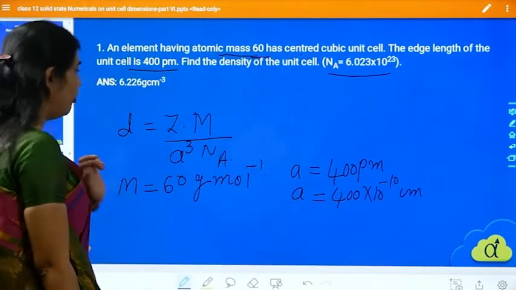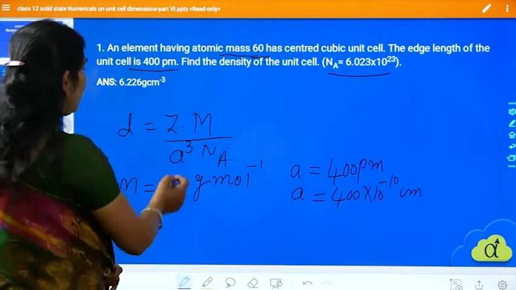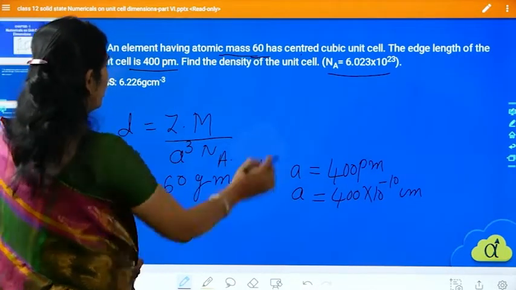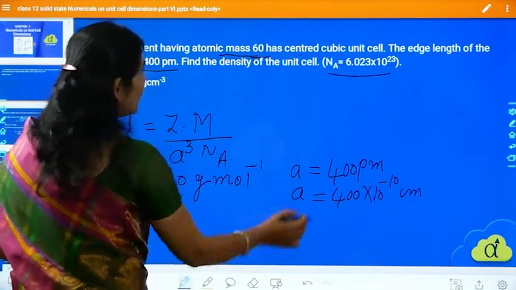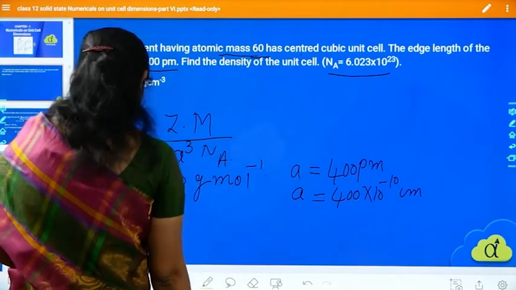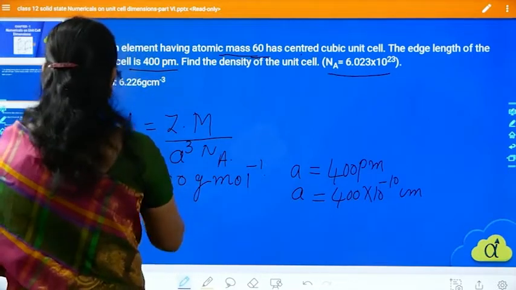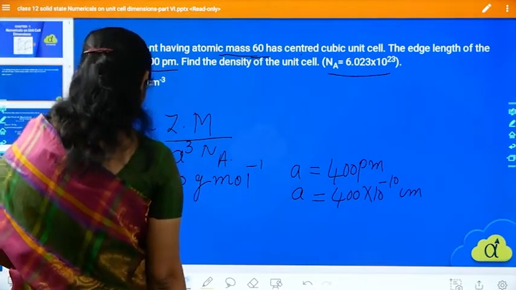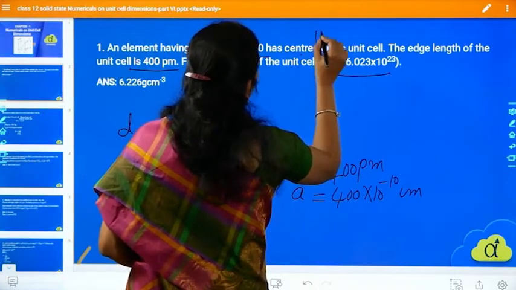Now you got the M value, the A value. Then Na is given as 6.023 into 10 power 23. Then you have to calculate the D value. Actually this is a face centered cubic unit cell, FCC.